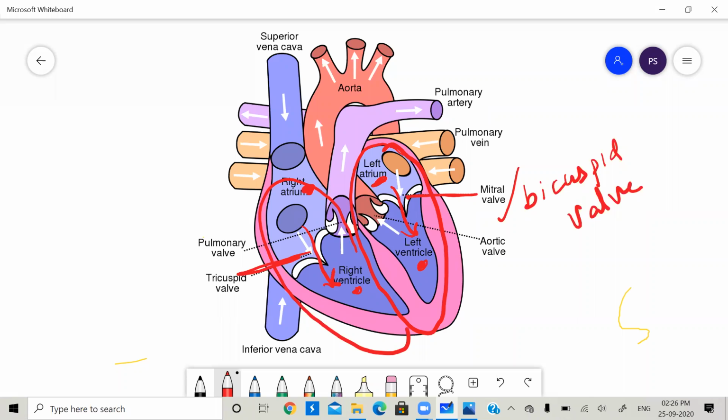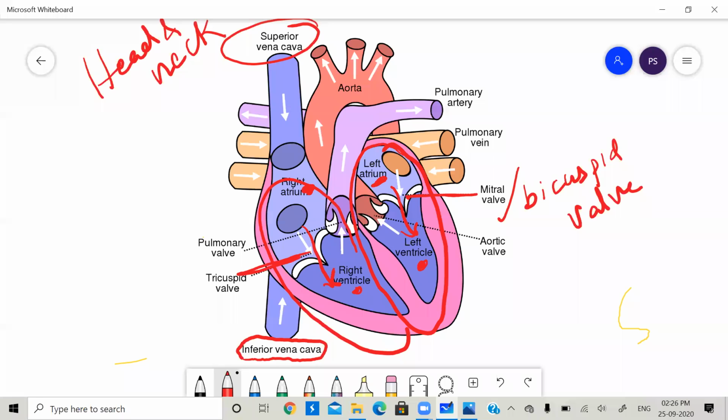This is the inferior vena cava, the vein which takes the blood from the hands, legs and all other posterior parts. The superior vena cava will receive the blood from head and neck.